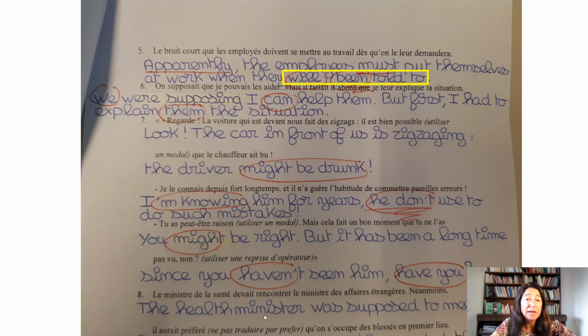You remember in this exam paper the student wrote, "They will be told." And if you just remember that will is a modal and that the formula for the modal is modal plus V0, then you just check and you can see right away that you need to use the verb base here, will be told to.